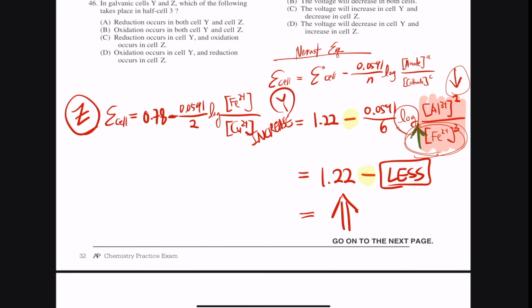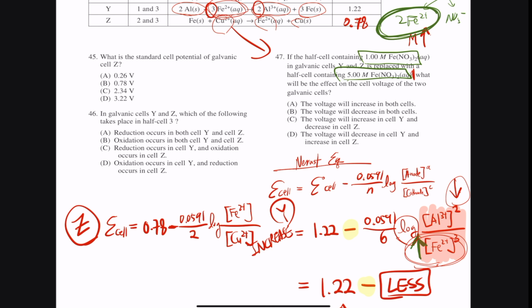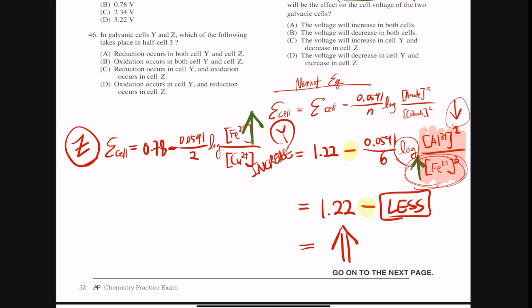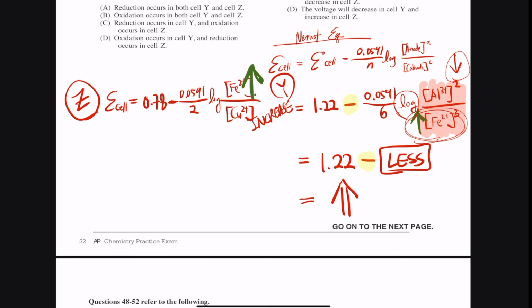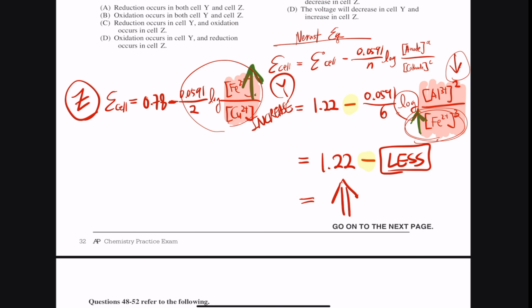Now, once again, we have a higher concentration of the iron, going from 1 molarity to 5 molarity. So your iron concentration goes up. In this case, the numerator goes up. What does that mean? Your overall value right here is going to increase, so it's a bigger number.